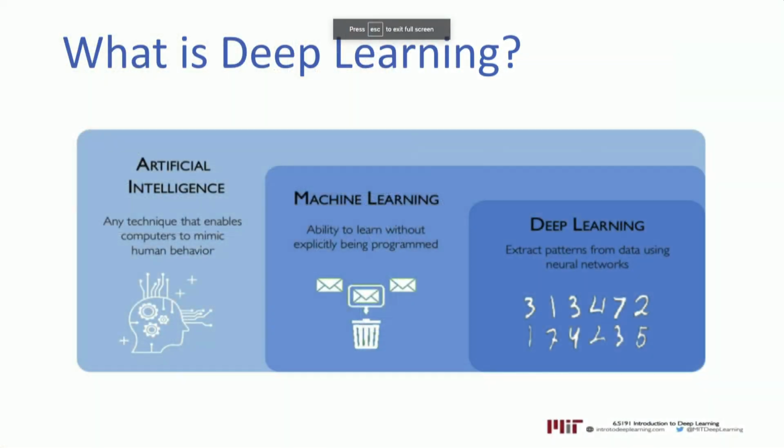All right. So I'll start by discussing three terms that are used pretty much interchangeably nowadays, and I'll give a little bit of guidance on when we use which term. The three terms are artificial intelligence, machine learning, and deep learning. Artificial intelligence is a technique that enables machines to mimic some kind of human behavior.